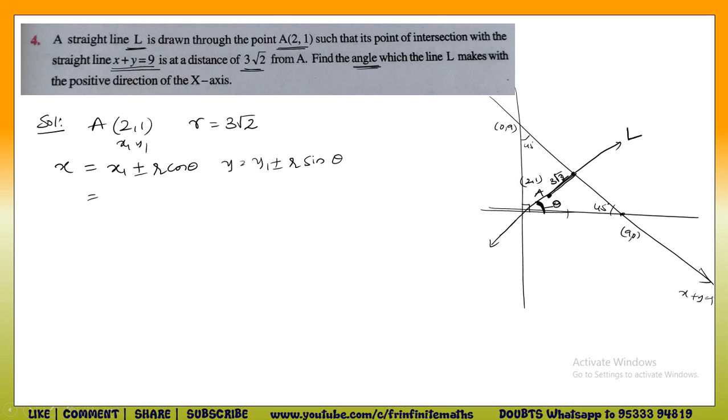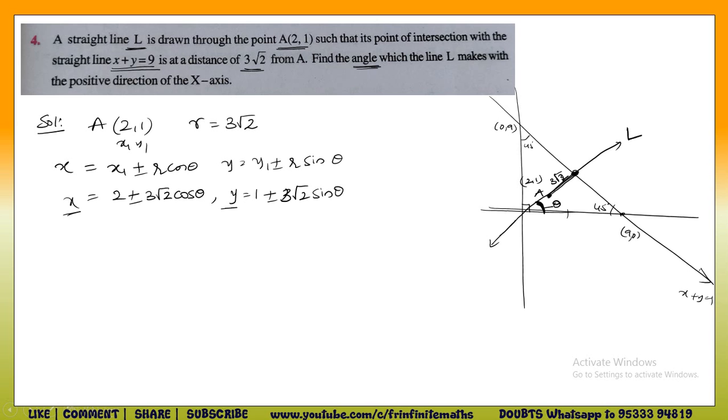When I substitute the values, x is 2 plus or minus r, which is nothing but 3 root 2, into cos theta, since we don't know theta, so let it be cos theta. Next y is equal to 1 plus or minus 3 root 2 sin theta. Now if you observe clearly, this x comma y is at a distance of 3 root 2, no?